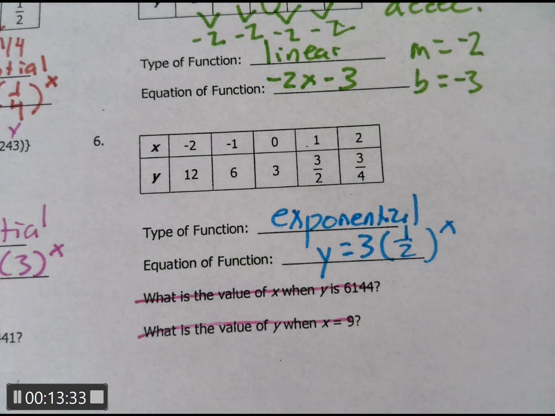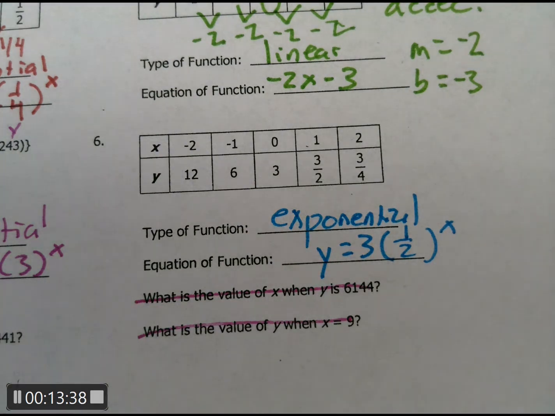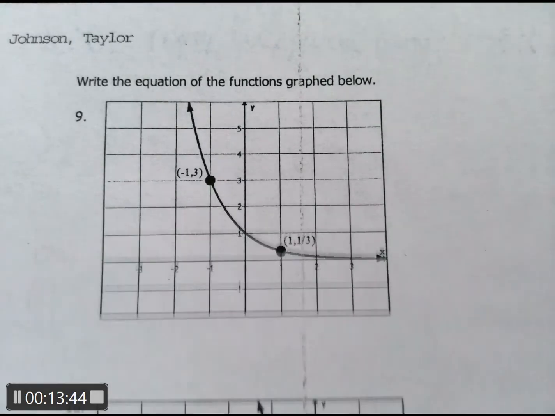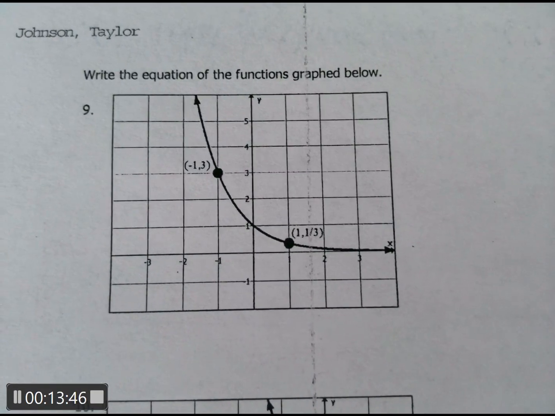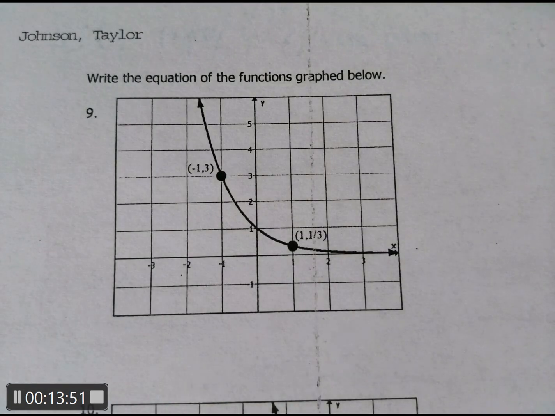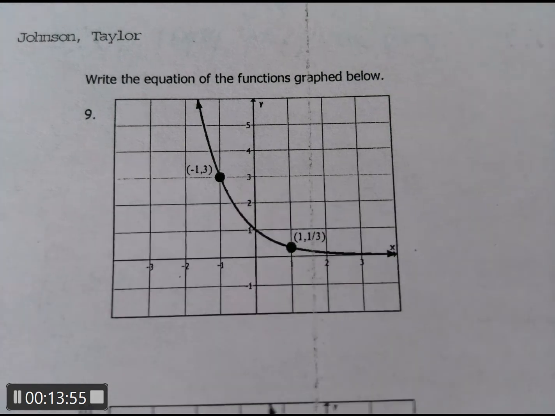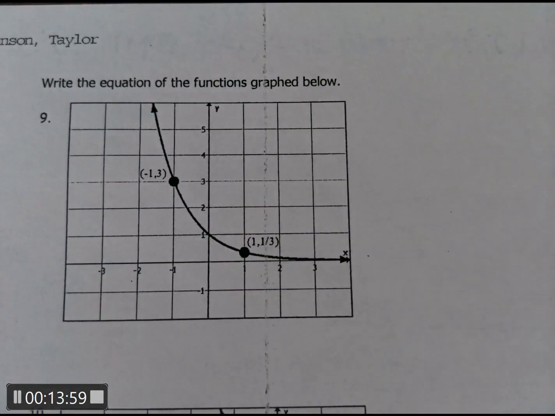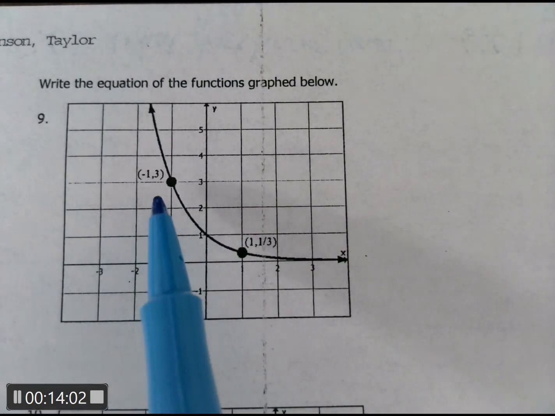Okay? Alrighty. So now we are going to flip to the back. So we are skipping everything except for the back. So now we should be on number 9. Alright. So now we're given a graph and we're given points. So all we're going to do is make a table of values given our points. So we're given the point negative 1, 3.